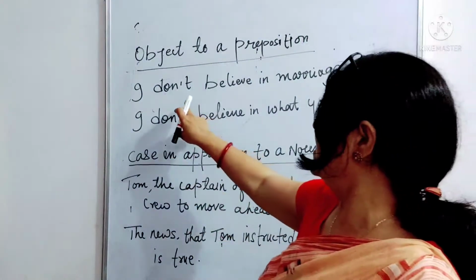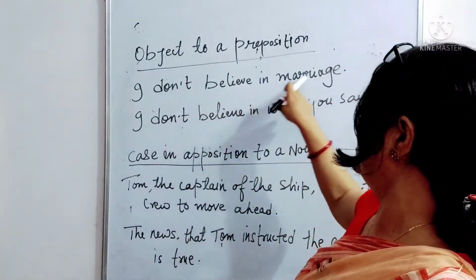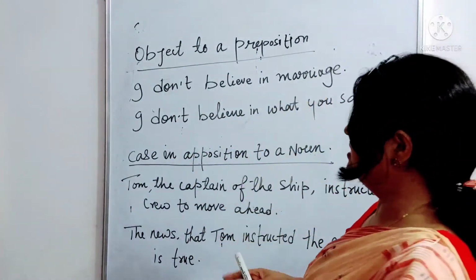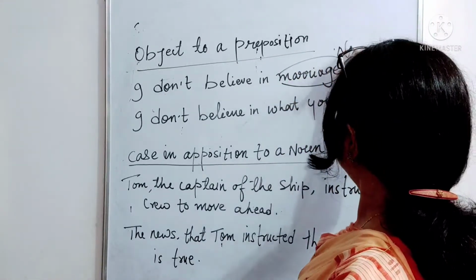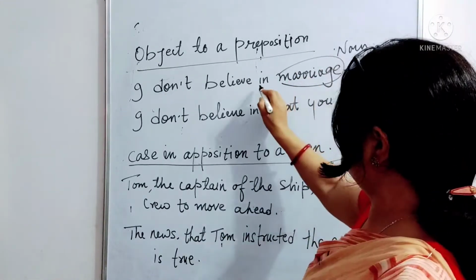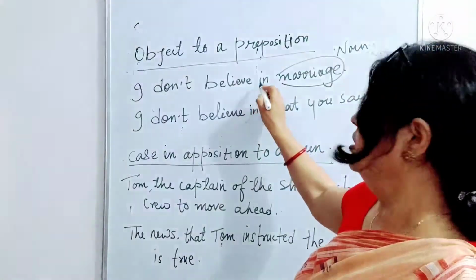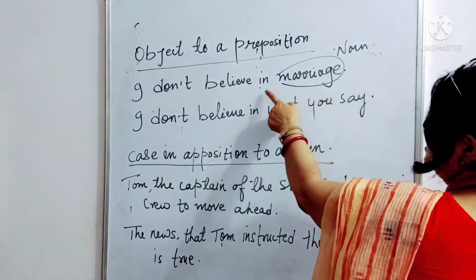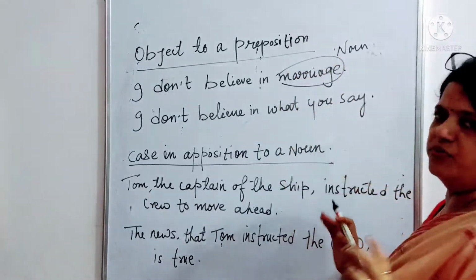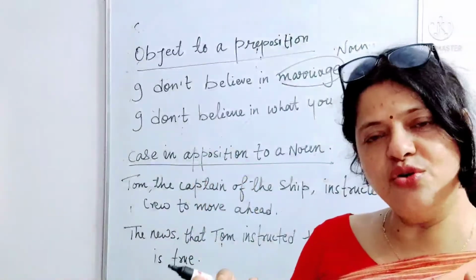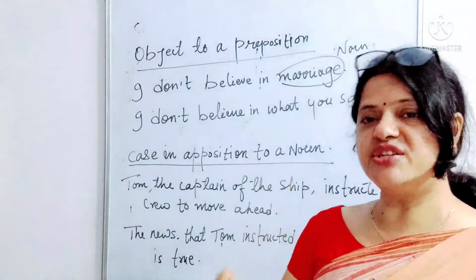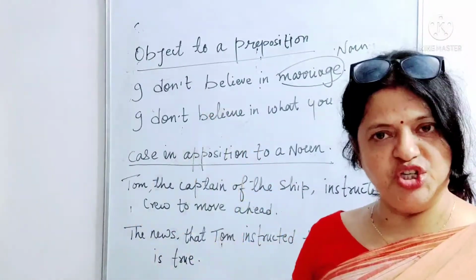So here we see, I don't believe in marriage. In this sentence, this marriage is a noun, and this noun has come after this preposition in. So this noun has become the object to this preposition. Okay, object to a preposition. The noun also has a fixed place after the preposition.